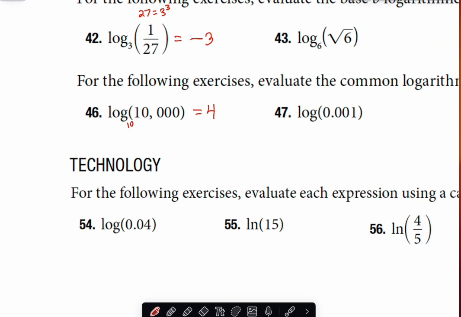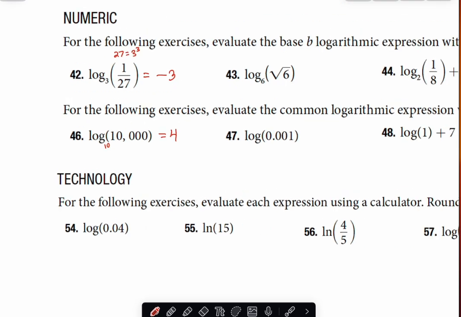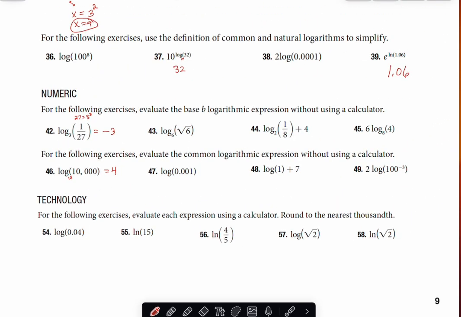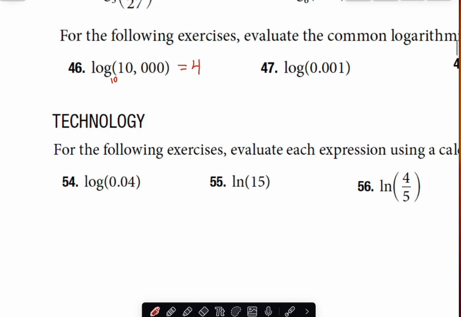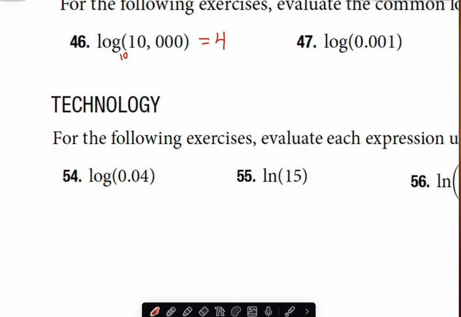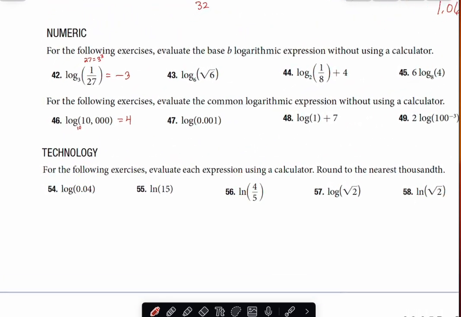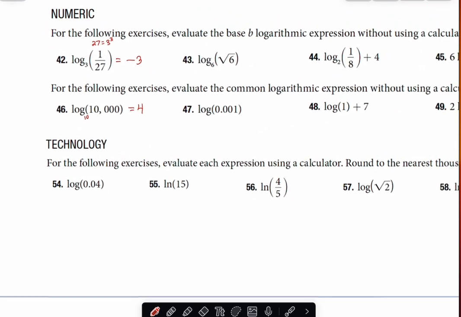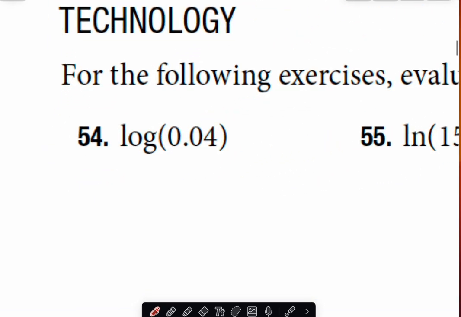And then for 54, 55, 56, 50 through 58, you're just using the correct calculator button. So let's do 54 and 55. For 54, you are using the log button. It has to be that base 10 common log button. So on my red calculators in the back, just find the one that says log on the left side. And you're just going to round it to the nearest thousandth, which is 3 places. 1,000 has 3 zeros, so 1,000, 3 places.